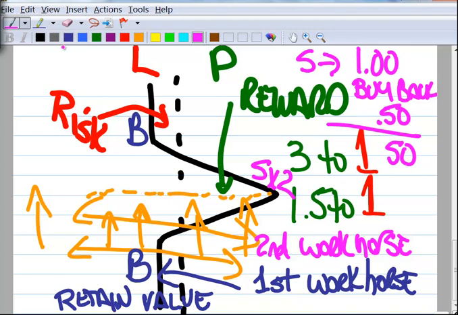So if my buy leg, my first workhorse, retains all or most of its value, and I can buy back whatever I originally sold for substantially less, because it's out of the money and the time value of the option is going to expire faster, at the end of the day I end up making money in this trade.